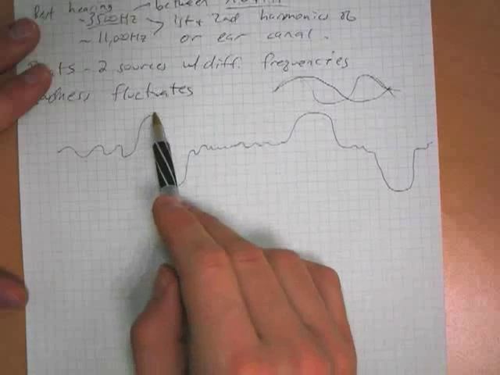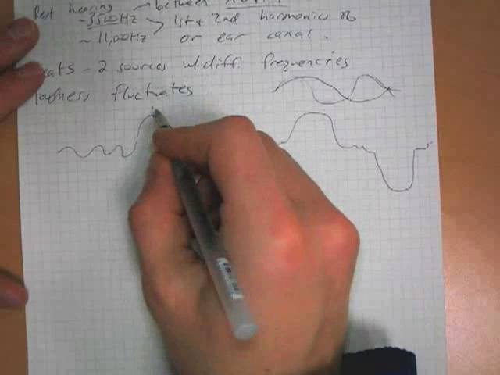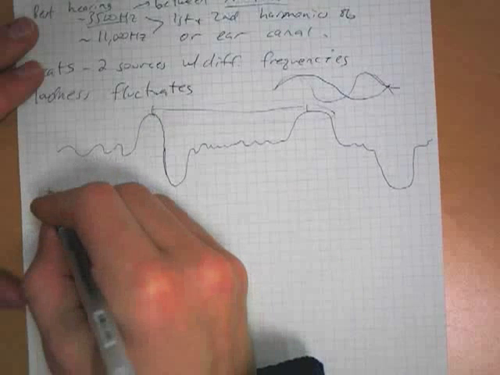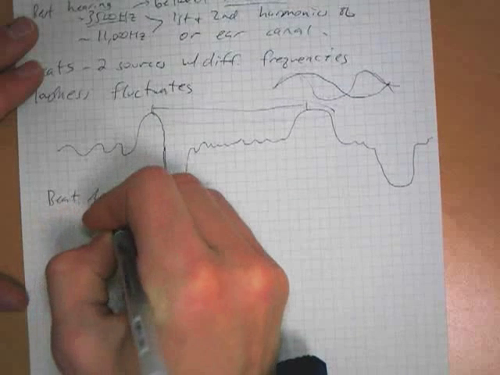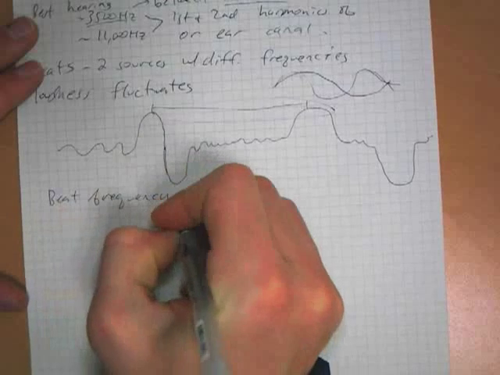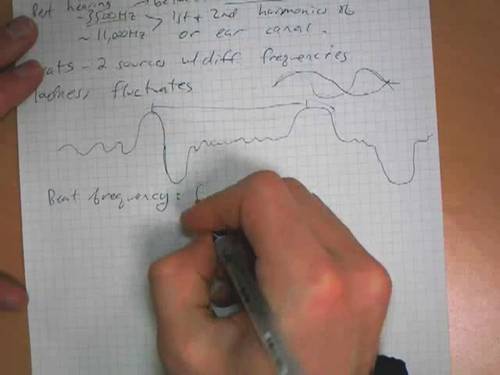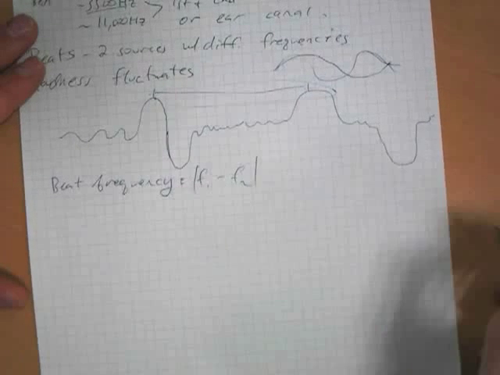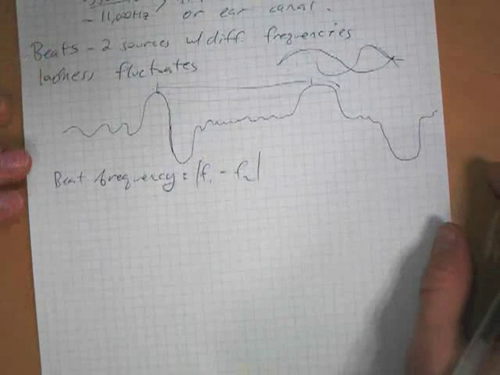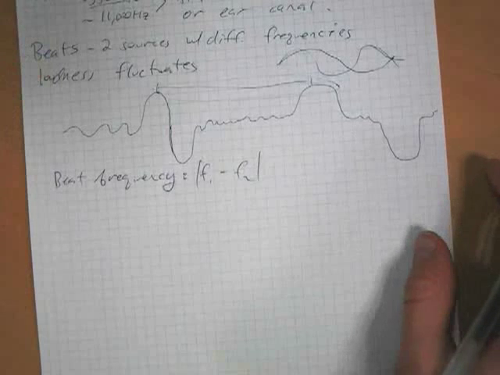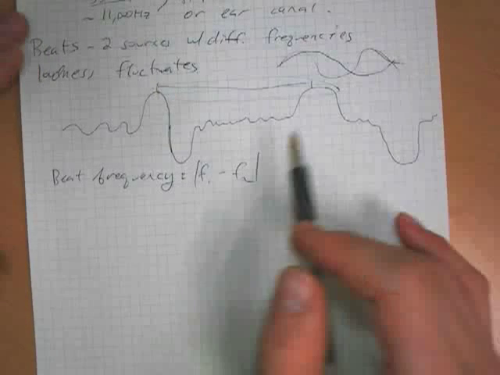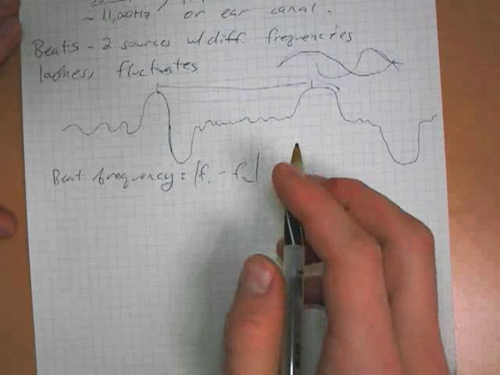And the frequency of these maximum points is called the beat frequency. And the beat frequency is just the difference in the two frequencies, absolute value. That is the frequency at which you hear those extra loud parts.